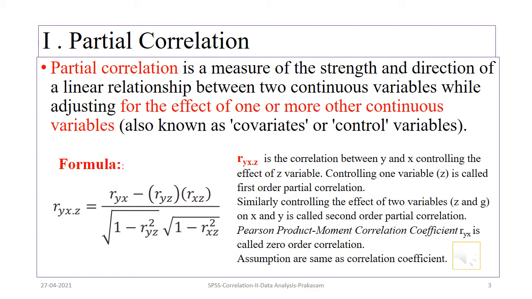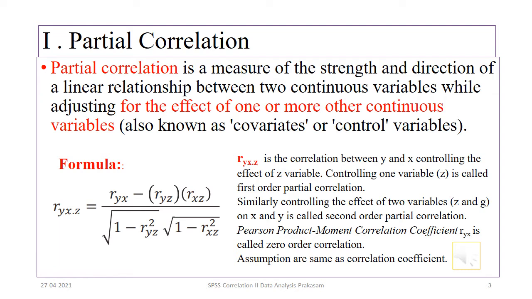The formula is exactly the same as the correlation formula, but here it is given as R_YX controlling for Z is equal to R_YX minus R_YZ multiplied by R_XZ, divided by root of 1 minus R square YZ, root of 1 minus R square XZ.